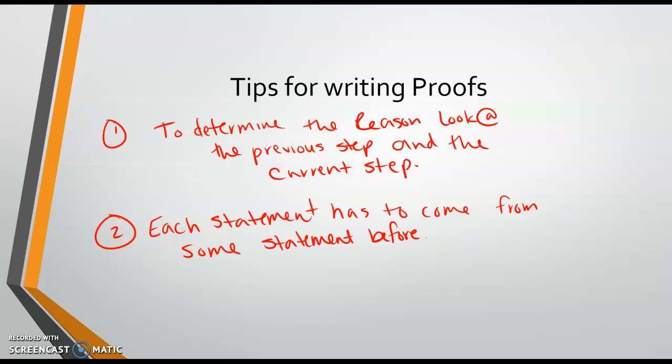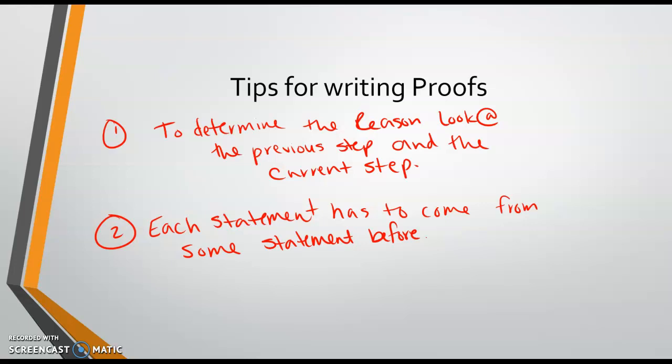Kind of like when writing a paper in ELA, you can't just randomly get to the conclusion and then randomly pull in new information right there at the end. When you write a conclusion, you are having to take it from your body paragraphs up above. So it's the same thing with a proof. We're finding our new steps come because of something before it.